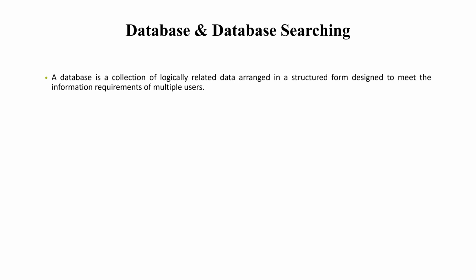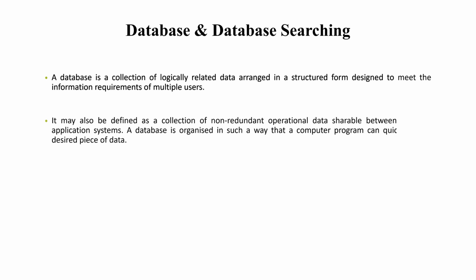So, before going into detail, first we should start our journey with the terms database and database searching. Dear friends, a database is a collection of logically related data arranged in structured form, designed to meet the information requirement of multiple users.